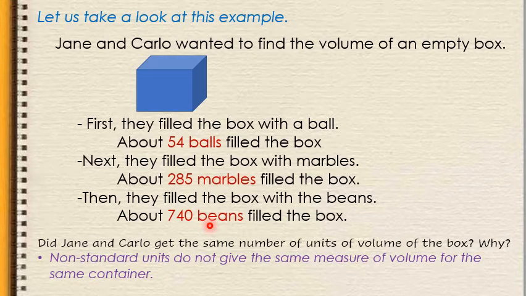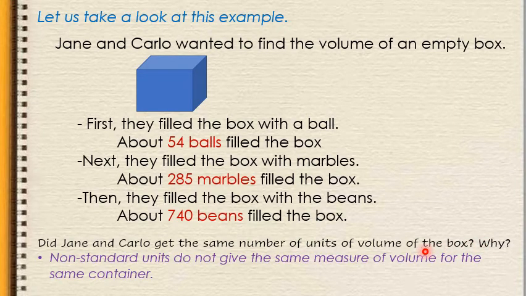Kasi nga sila ay ang tawag natin ay non-standard units. Yung ginagamit nila na pangsukat ng volume nung loob ng box ay magkakaiba o hindi magkakatulad ang sukat o yung tinatawag nating dimension.